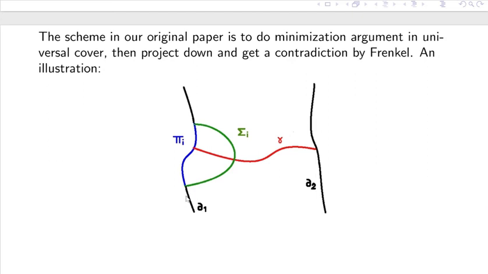And you exhaust one of the boundary components with domains, and then you solve plateau problems along the boundary of those domains. I call them pi I here. And because these are disjoint, you can connect them with a curve gamma, and this sigma I here is the solution to the plateau problem along this boundary. This is going to have intersection number odd with gamma.